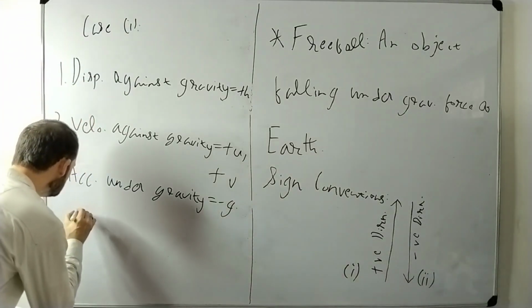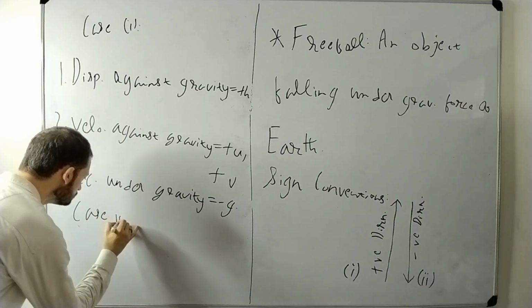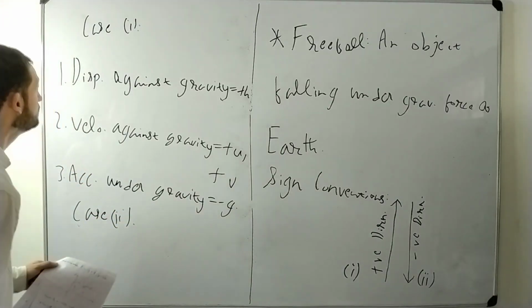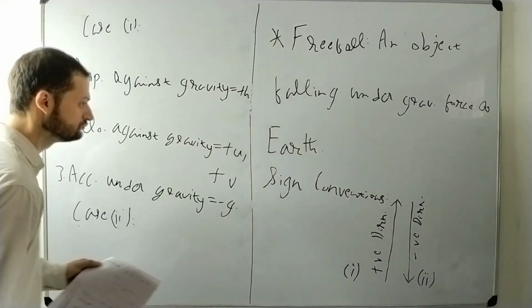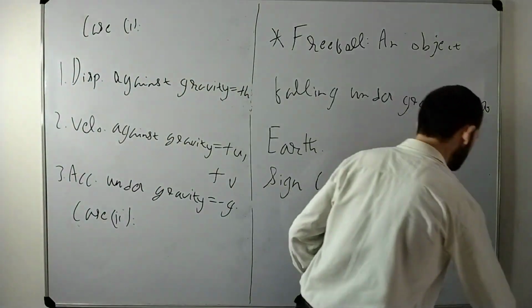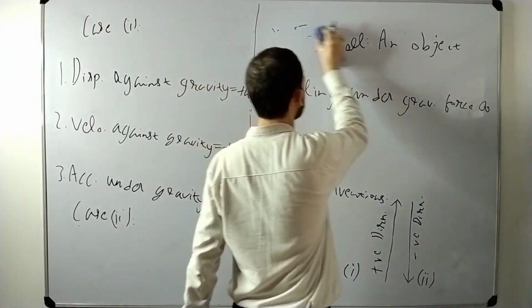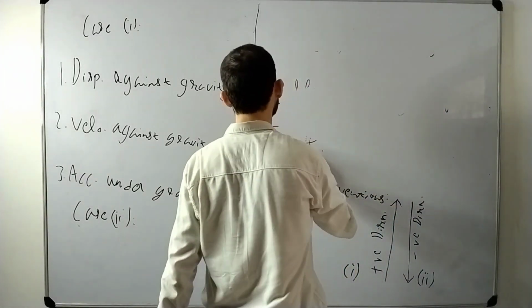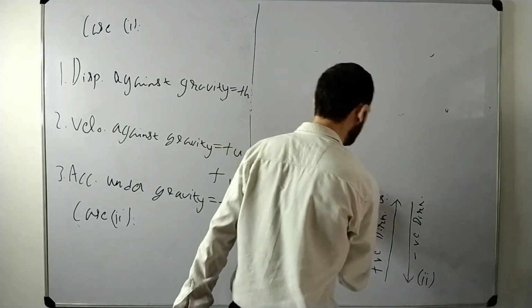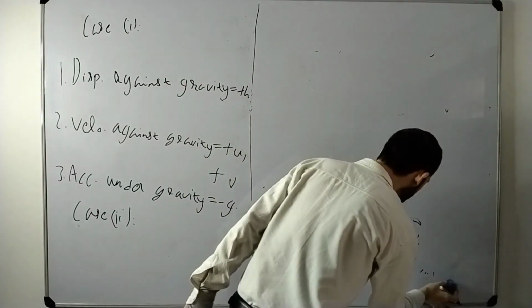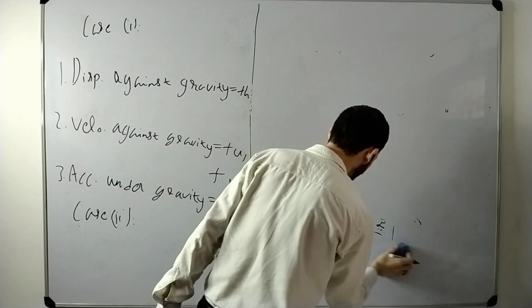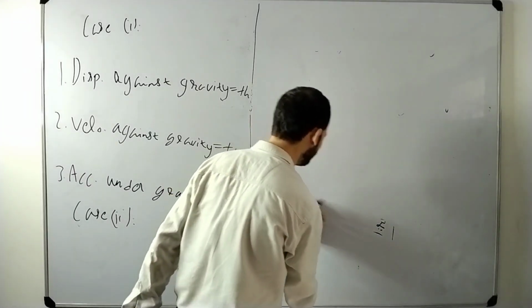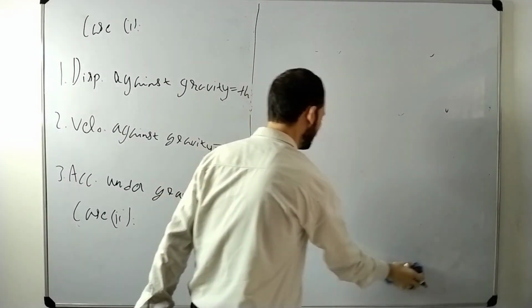Case second. What is the case second? So it is falling down. Let us check how it is falling down. So it is falling down under gravity. What are you saying, how it is falling down?